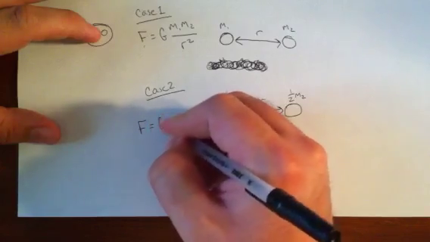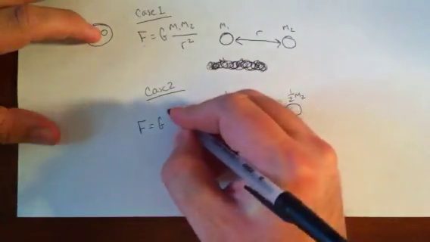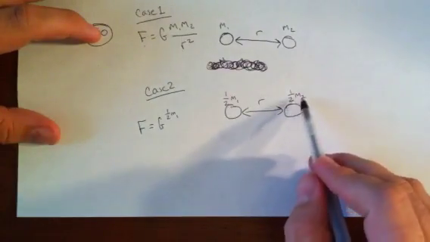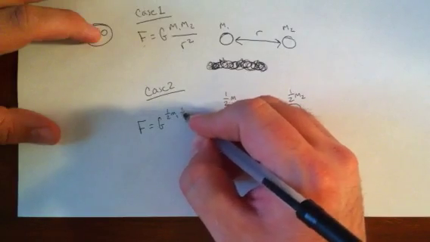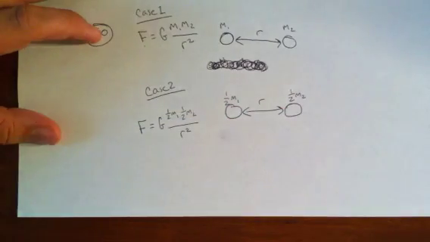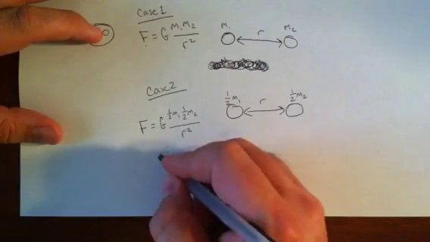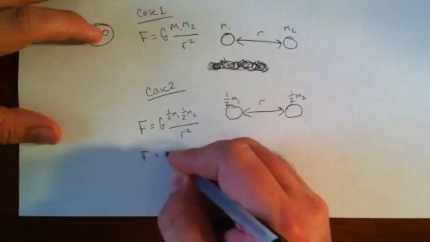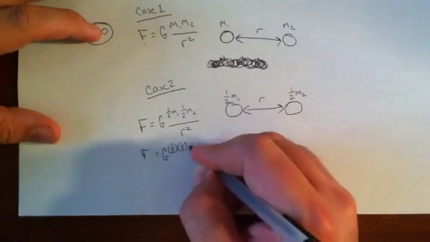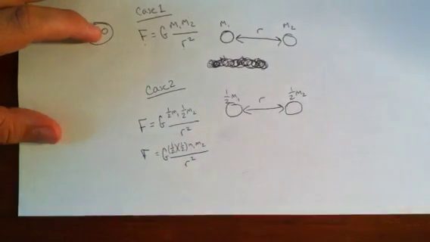F is equal to G. Now M1 in this case is 1/2 of M1. And M2, the mass of the second object, is 1/2 of M2. And they're the same distance apart, so it's still r squared. Okay? With multiplication, we can rearrange these terms to give us this: 1/2 times 1/2 times M1 times M2 over r squared.